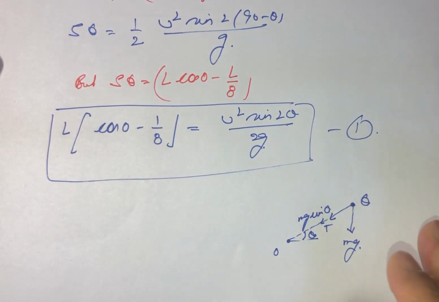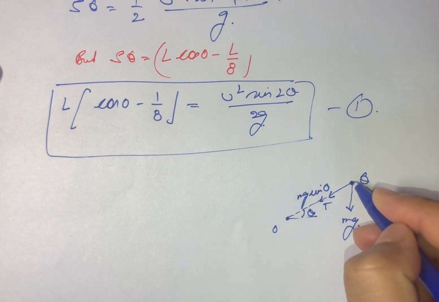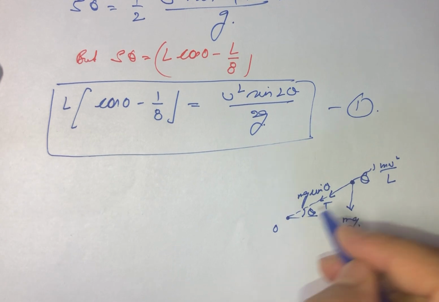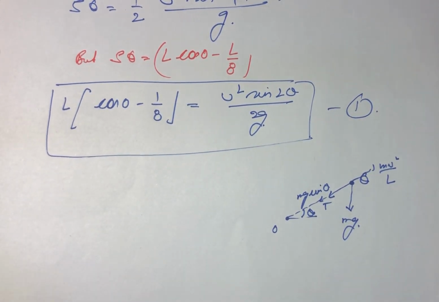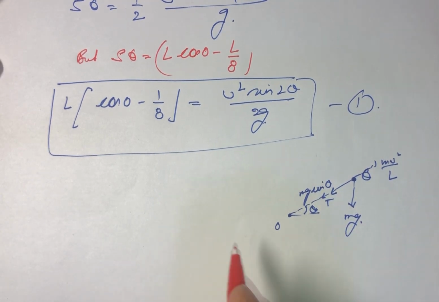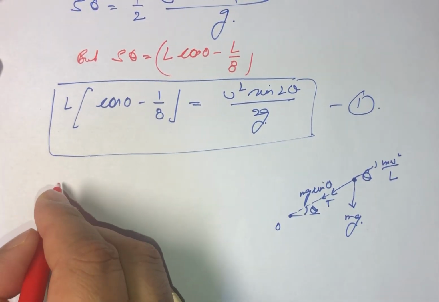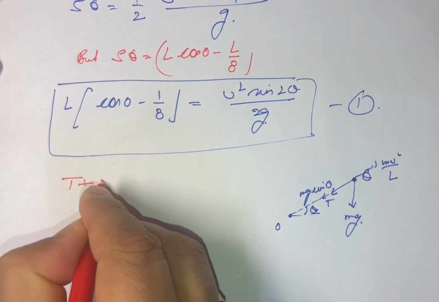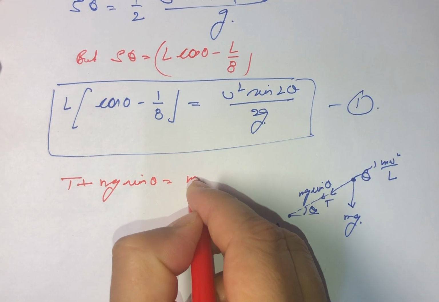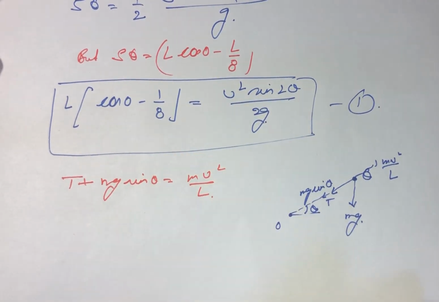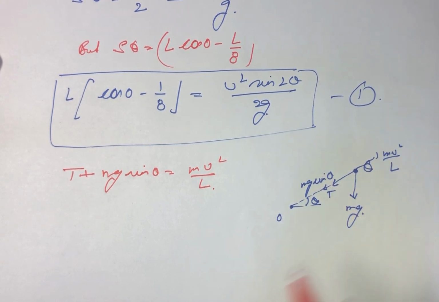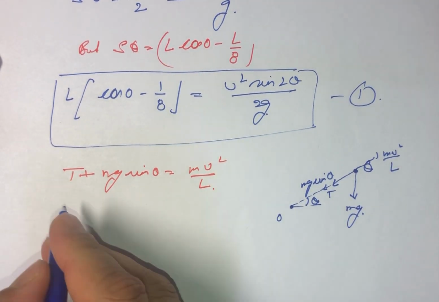We are going to have tension and a force mv square upon L, because L is the length of the string. Therefore we can write this equation as T plus mg sine theta is equal to mv square upon L, but we already know that at point Q tension T is equal to 0.